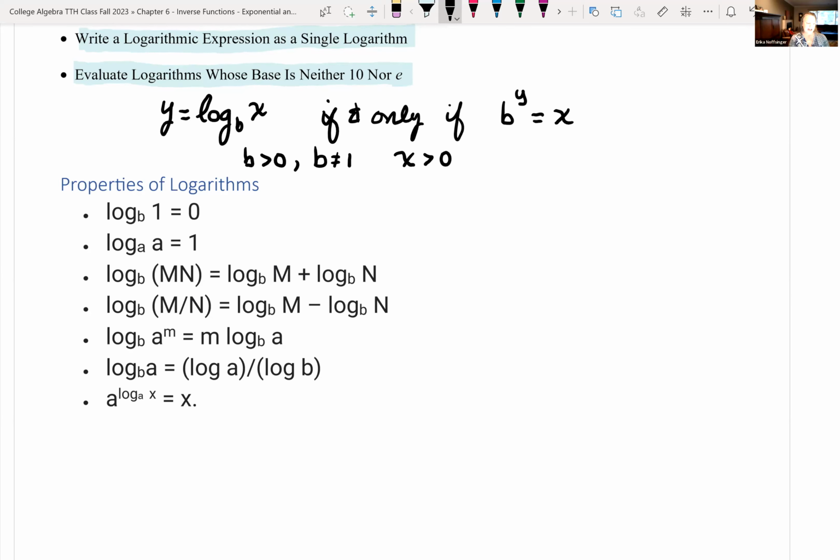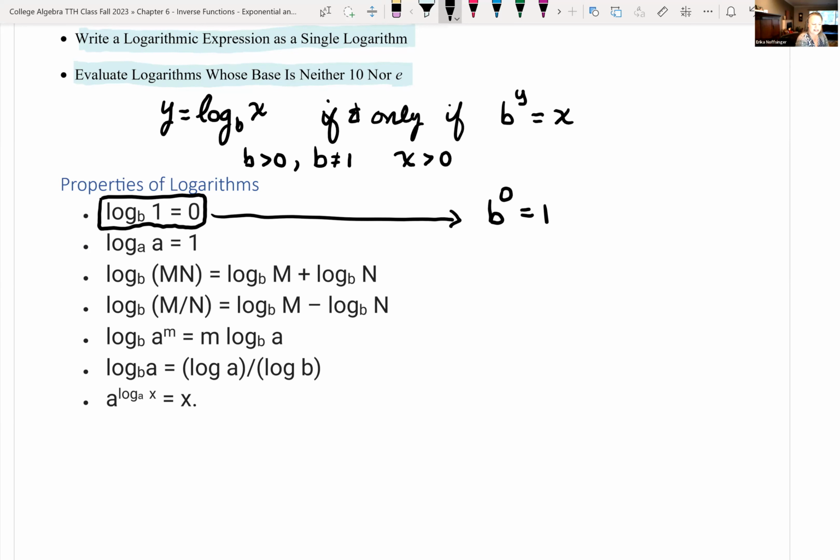So looking at this first property that says log base b of 1 equals 0, well, if you rewrite this in exponential form, this would be saying our base b raised to what was on the other side, 0, is equal to 1. Well, anything raised to the 0 power other than 0 is equal to 1. So we can see that this is true.